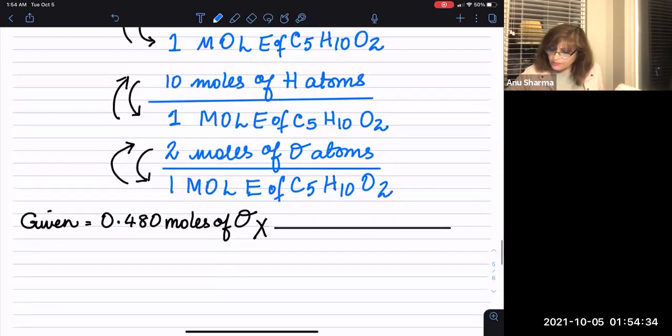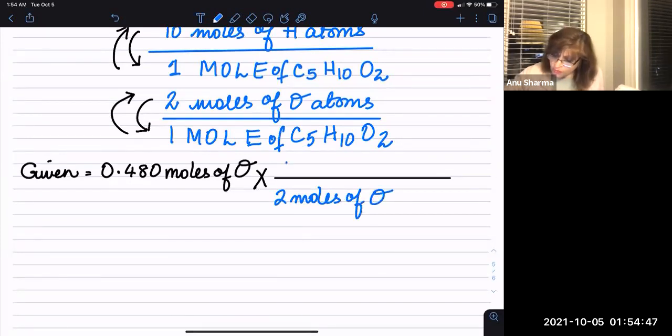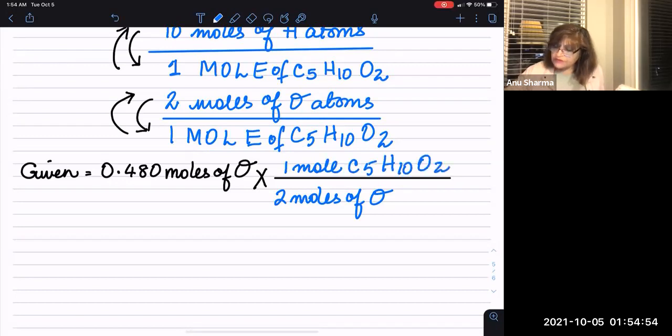Okay, so moles of oxygen, there are 2 moles of oxygen present in 1 mole of C5H10O2.